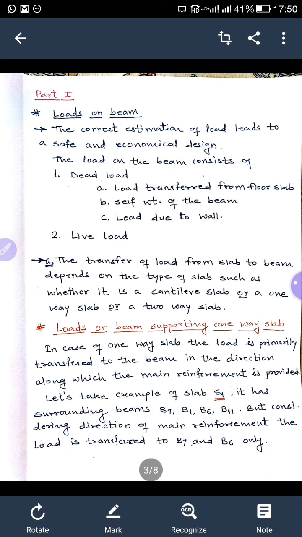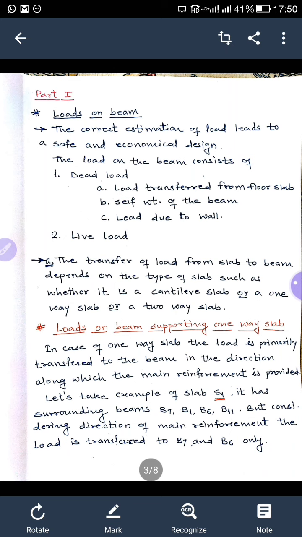Further, this dead load includes load transferred from floor slab, self weight of the beam and load due to wall. Live load depends upon what type of building it is, whether it is a residential building or a public building, its value is going to change, which we have to refer from IS 875.